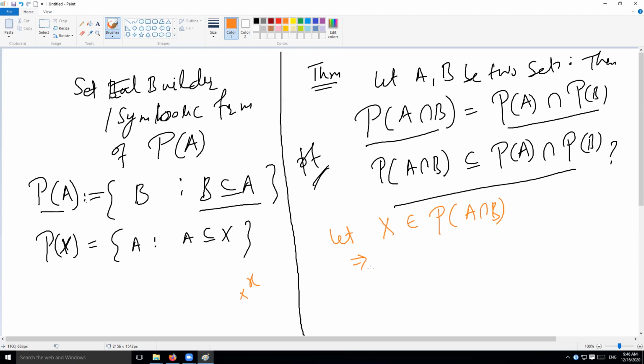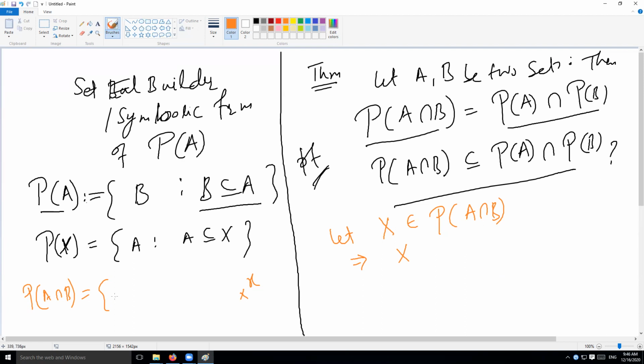By definition, X must be a subset of A intersection B. Exactly.